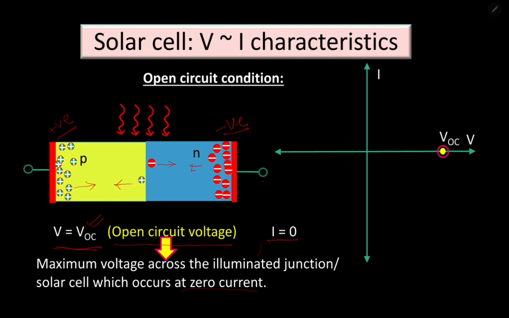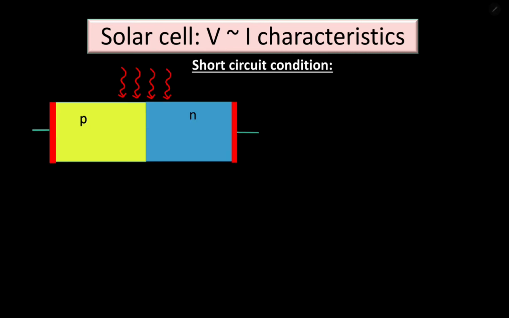Now coming to the next condition, that is the short circuit condition. We have seen that when the light falls on the solar cell, holes are accumulated on the P side and electrons are accumulated on the N side. And after a particular time, there is an equilibrium between them and the voltage obtained is maximum, that is VOC.